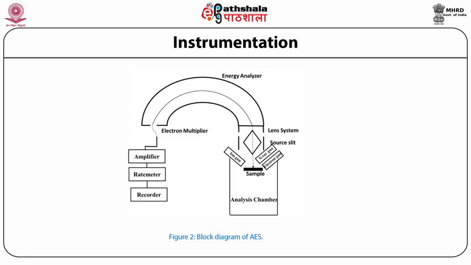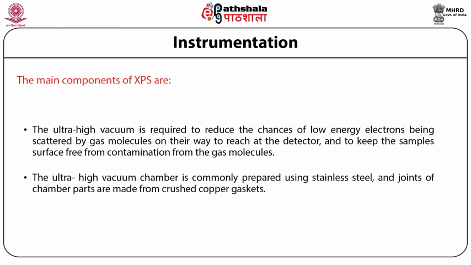The AES analysis is commonly used in scanning type called scanning Auger microscopy. The main components of AES are ultra high vacuum system, source guns, electron energy analyzer. First, let us study about the ultra high vacuum systems.